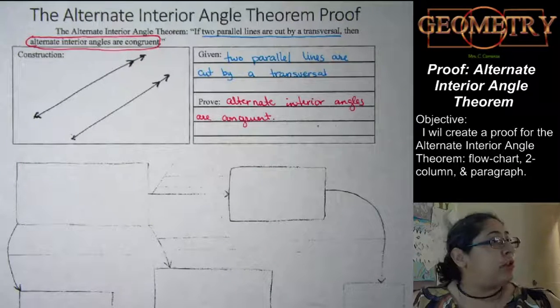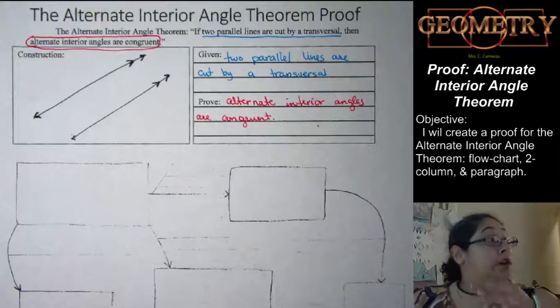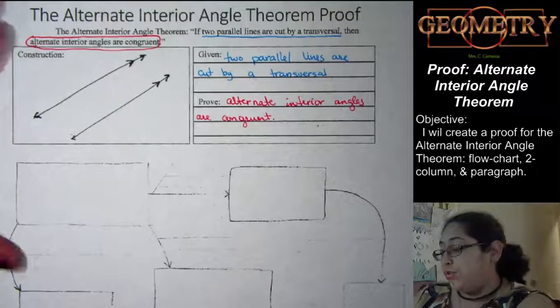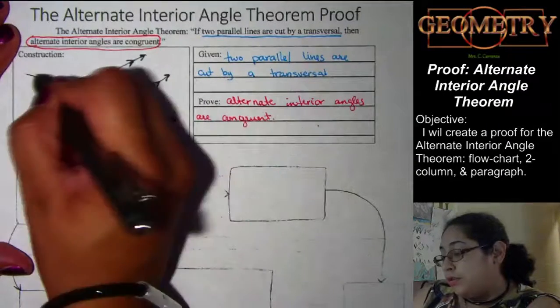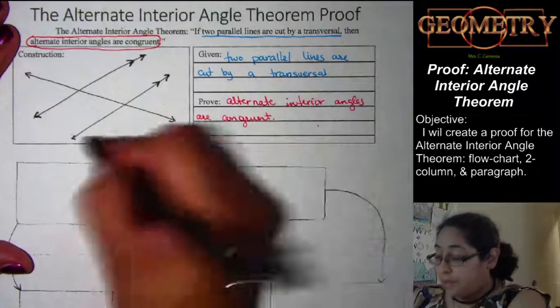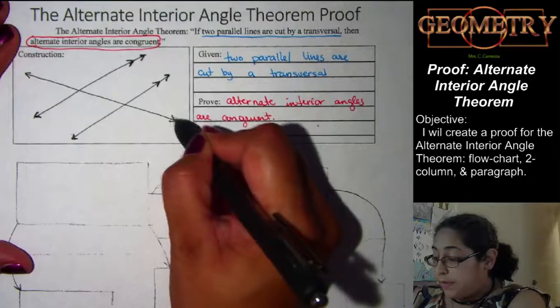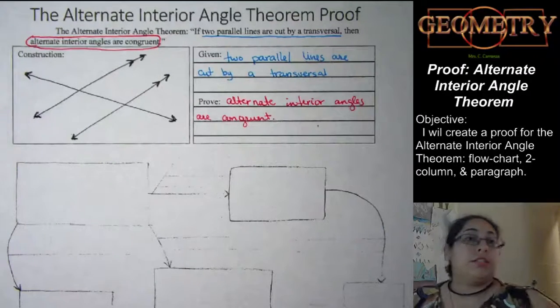So what else am I drawing? A transversal. Some other line that intersects these two that I already have. There is my transversal line. I'm going to make my arrowheads look a little darker.